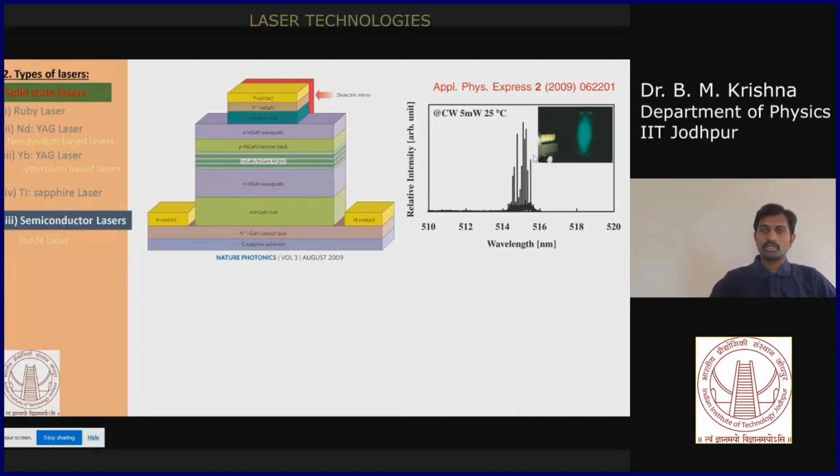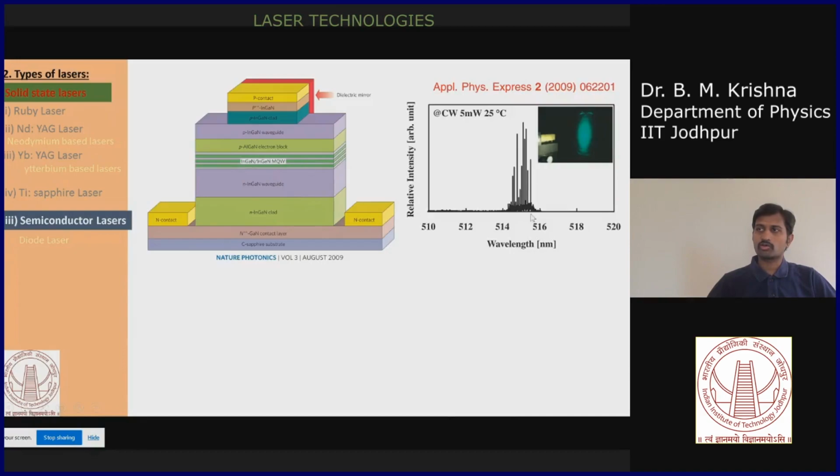So these are the heterojunction lasers. In this case indium gallium nitride is used, so it is mostly a different combination of your quantum wells, which we are going to see in the lasing action.